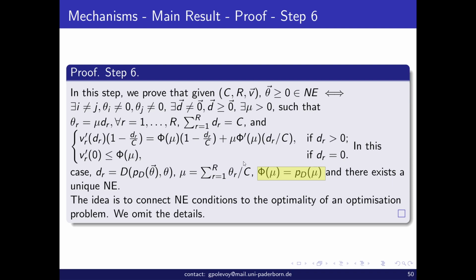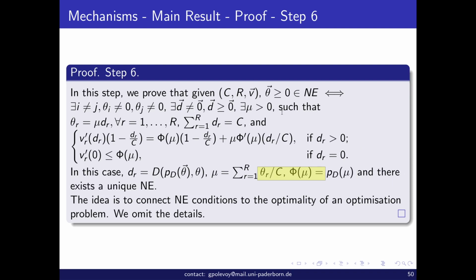So, theta is a Nash equilibrium if and only if these two elements are not zero, that is non-negative. There is a vector d, which is non-negative and non-zero, and mu positive, and positive u, such that we have those conditions.